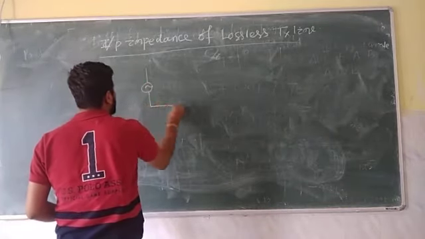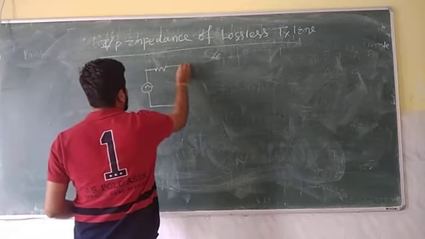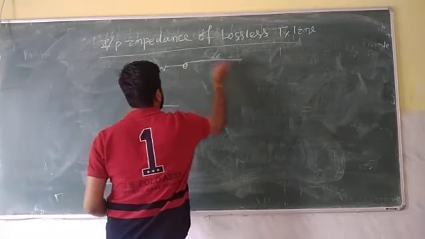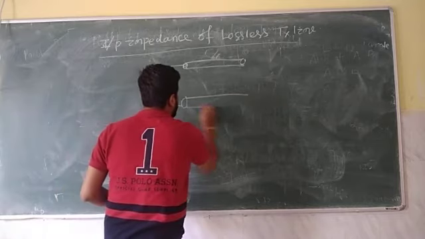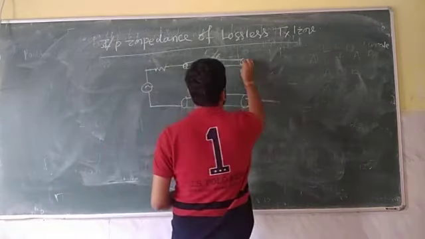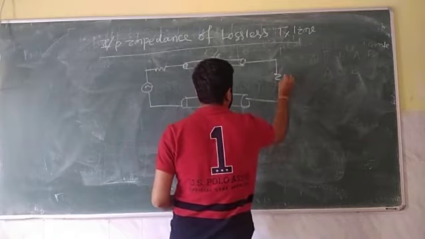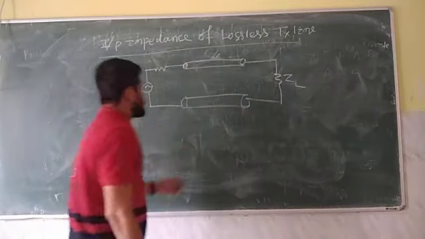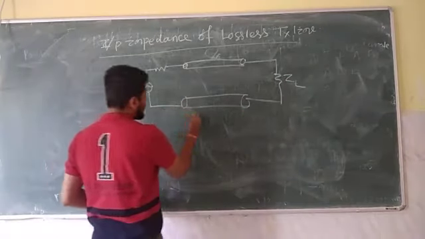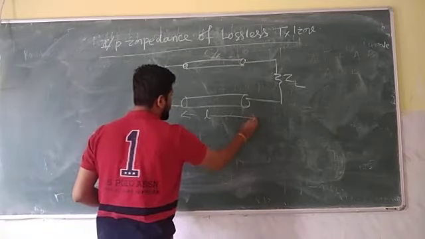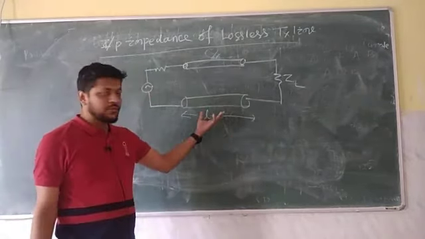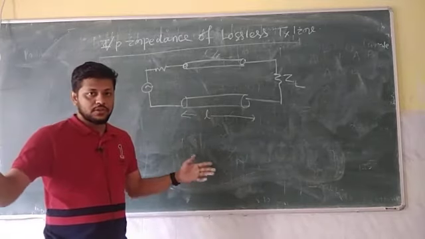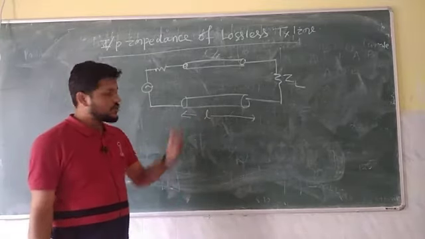You can see here, again and again I am drawing this circuit. So this is your transmission line. Transmission line is having some length, obviously. From TV to antenna, you can see this is your transmission line. This wire has some length, and that is denoted by L.